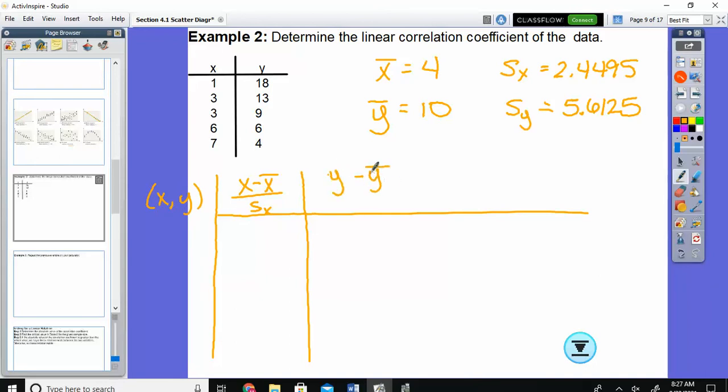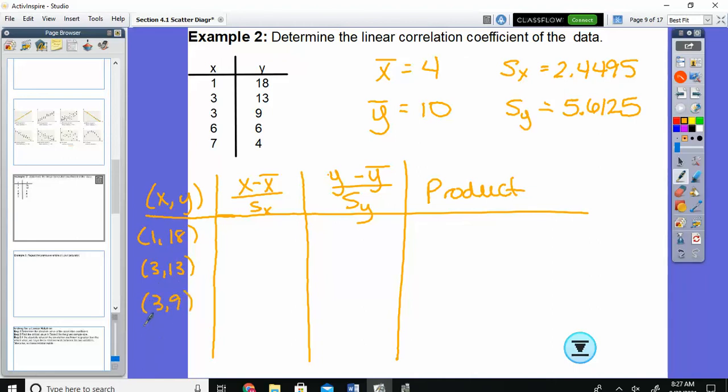So we'll do the y minus the mean of y divided by standard deviation of y. And then we have to multiply those things. So this is even more time consuming than the standard deviation that we've done by hand. But it's good to work one out, just to see what we're doing and understand the calculations a little more.